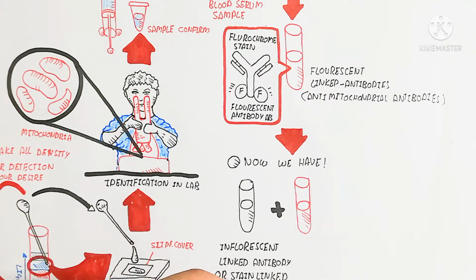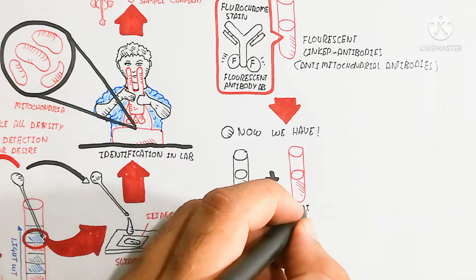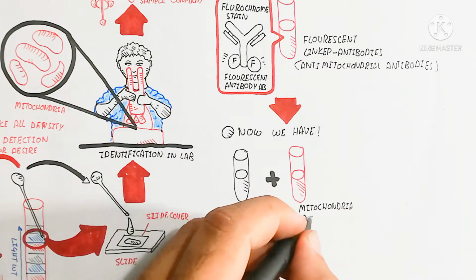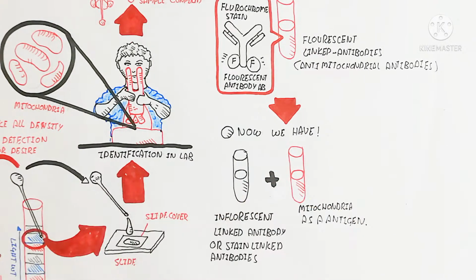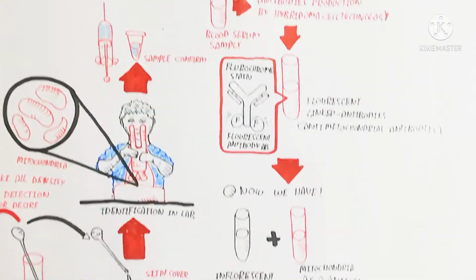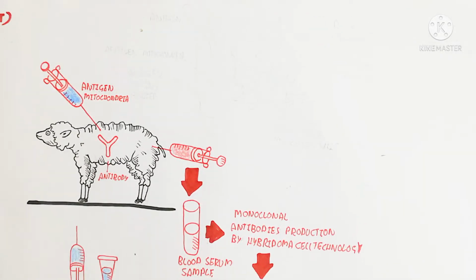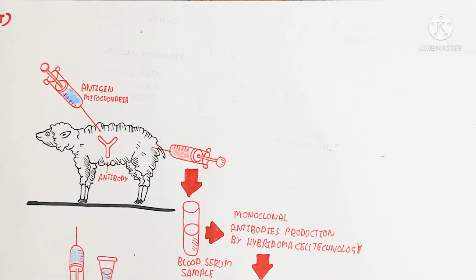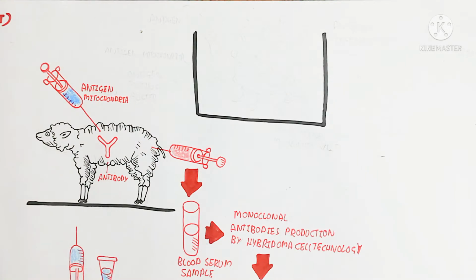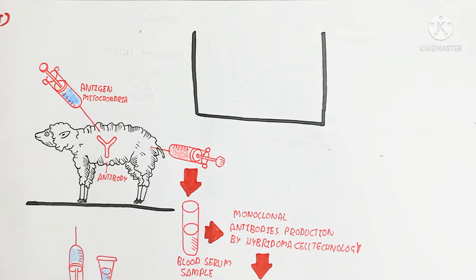We have two things: number one is the fluorescent-linked or stain-linked antibody, and on the other hand, the mitochondria as an antigen. So two test tubes are present in our lab. Let's begin to understand the basic mechanism.